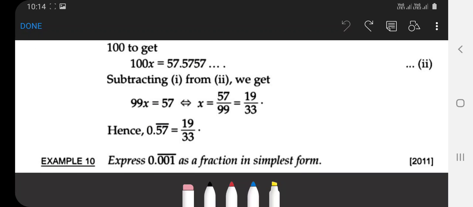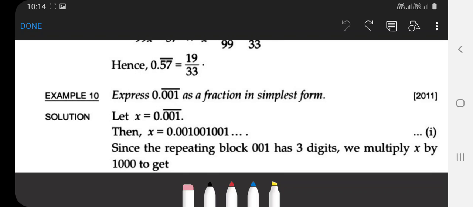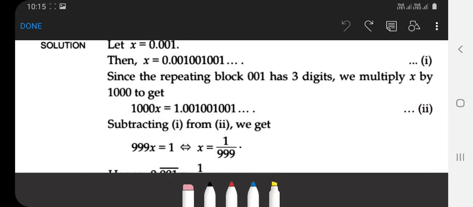Clear, students? Here the bar is above 3 digits. In this question, you multiply with 1000. Again, you subtract equation 1 from equation 2, you get the result. Clear, students?